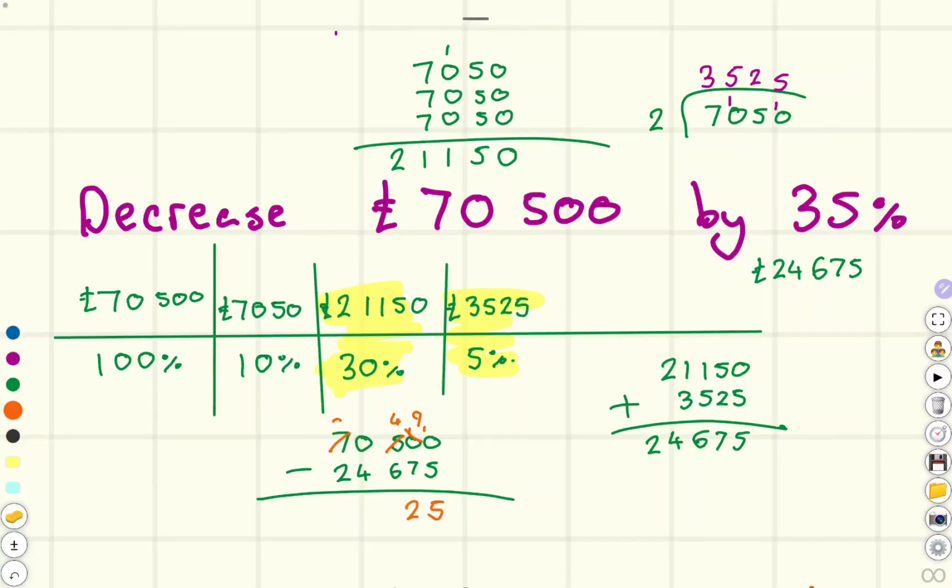I need to borrow all the way from over here. And that becomes 14 take away 6, which is 8. 9 take away 4, which is 5. 6 take away 2, which is 4. So my final answer, therefore, is 45,825.